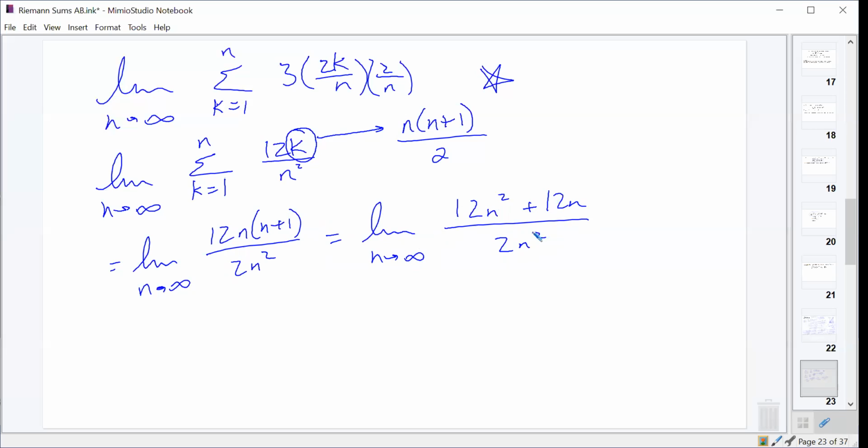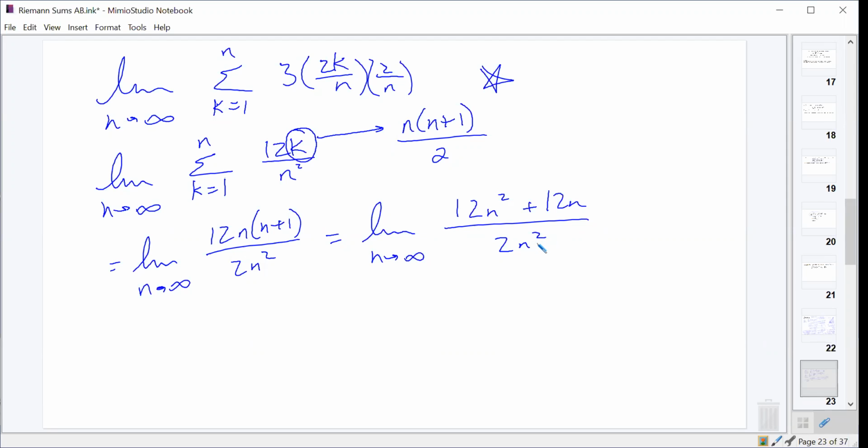We plug in infinity and look at the behavior. If we plug in infinity, we end up with infinity over infinity, which is indeterminate. So we have options. One option is to use L'Hopital's rule, since it's infinity over infinity. Or we might notice that this is a rational function and that the degree of the numerator is equal to the degree of the denominator.